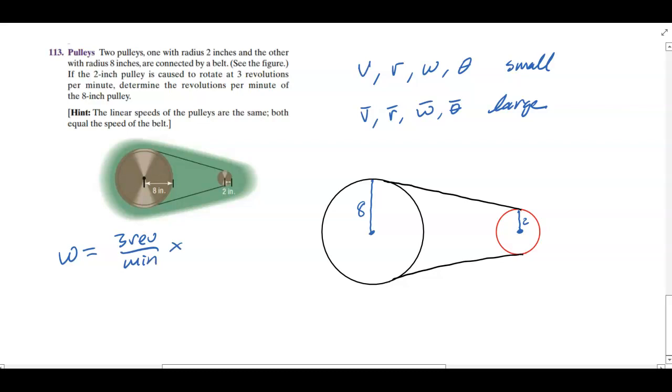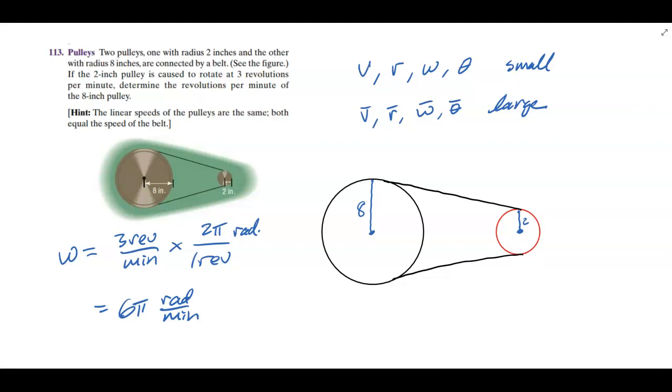I'm going to go ahead and convert that to radians. 2 pi radians is 1 revolution, so basically that would be 6 pi radians per minute. Now it says determine the revolutions per minute of the 8-inch pulley.